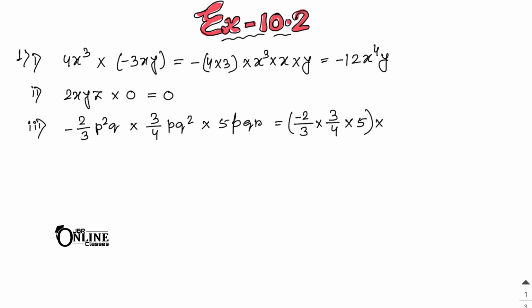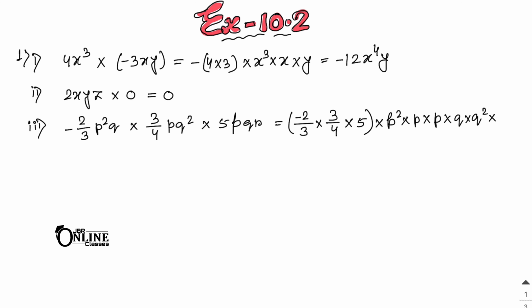Then write down the variables: p square into p, again p. After that q into q square into q, and the last one you have r. Clear? Now here 3 cancels out, 2 cancels out with 4, it becomes 2. So it will be 5 by 2 in negative.